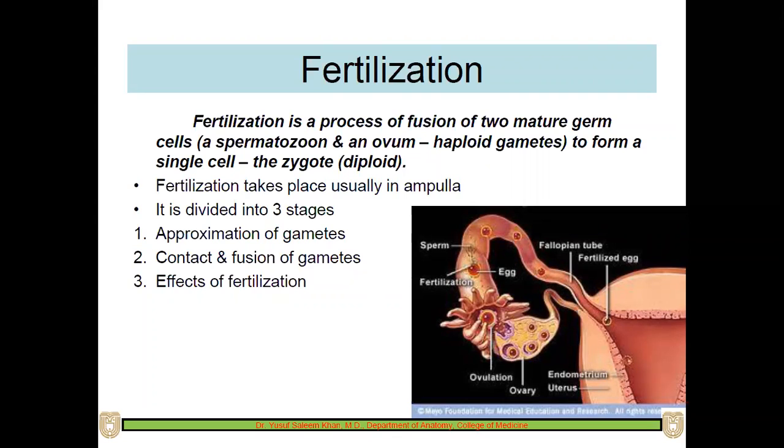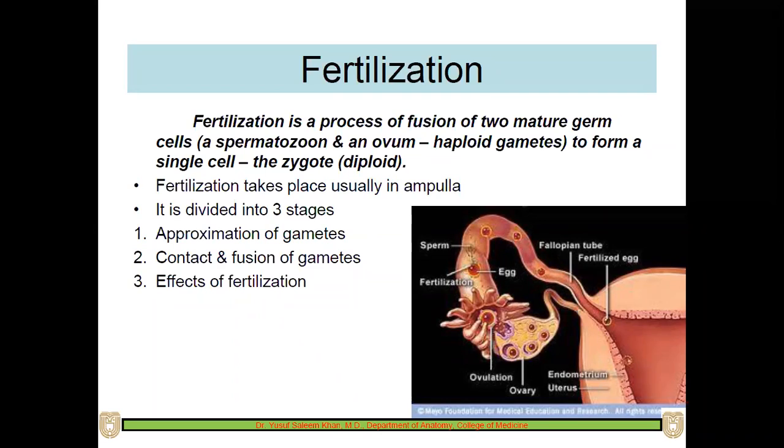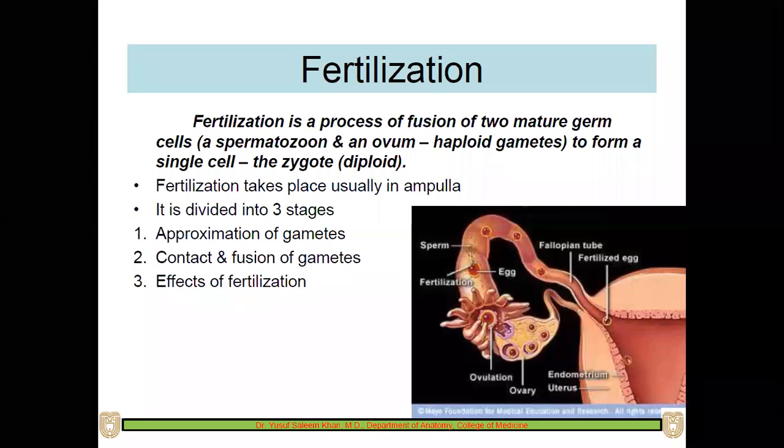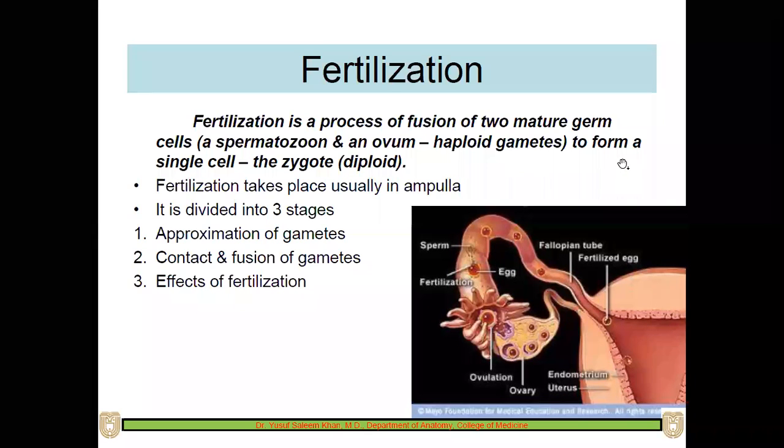The sperm and the ovum are haploid gametes. Haploid means half the number of chromosomes. If you know, there are 23 pairs of chromosomes. But in case of the sperm and the ovum, there will be only half of the chromosomes, that is 23, not 23 pairs, but 23. So when the 23 from the male sperm come and fuse with the 23 from the female, this process is called fertilization. Then it forms a single cell.